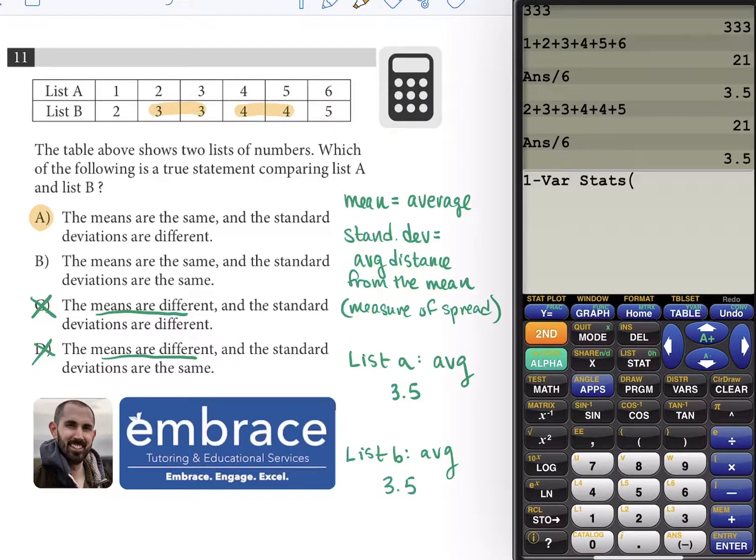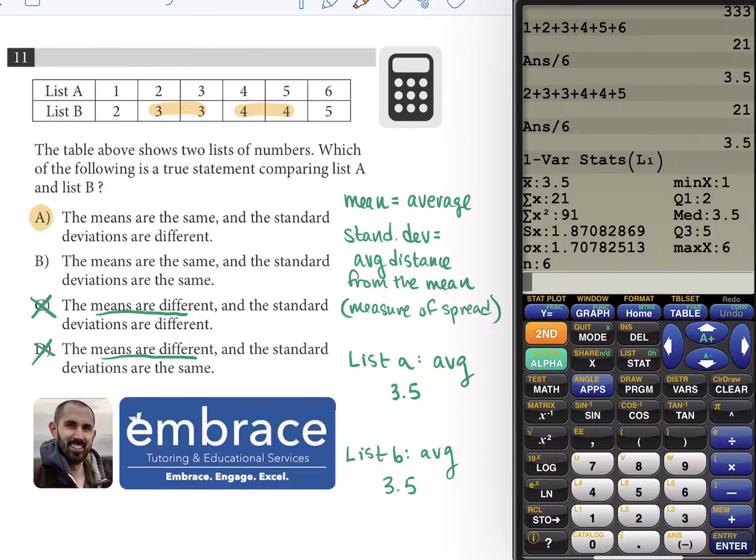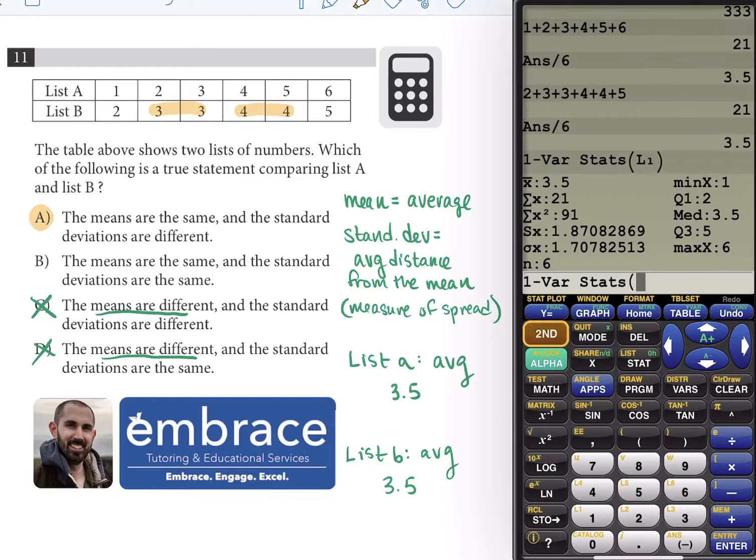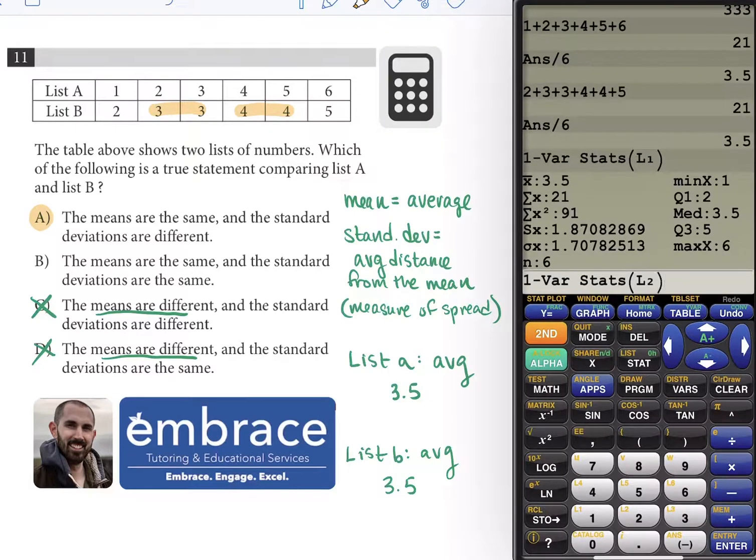So I'm going to hit second, and then number 1, which will give me list 1. And I'm going to press enter. I'm going to do the same thing for list 2, and we're going to compare these. So stats, calculate, 1 variable statistics, and list 2 now.